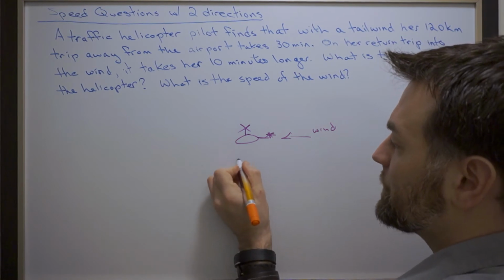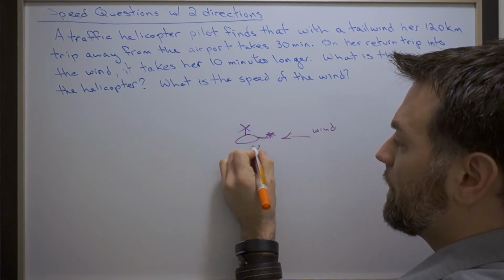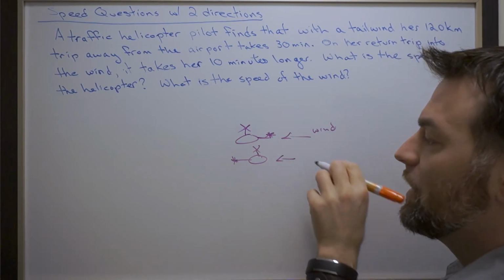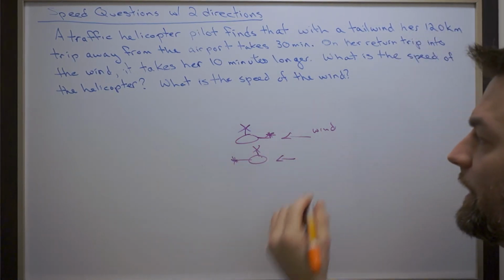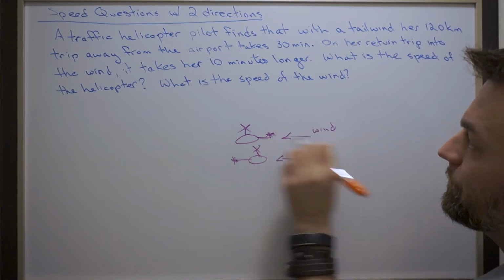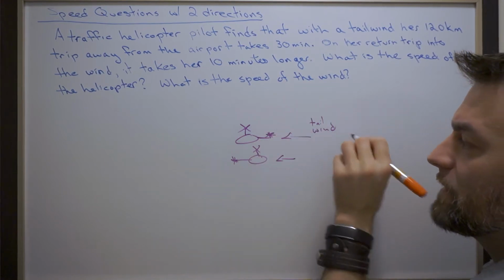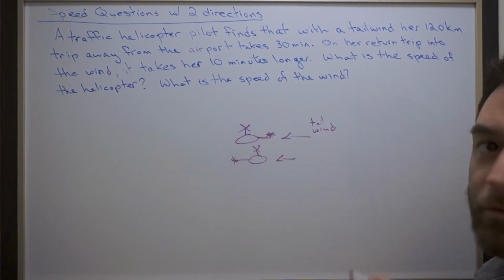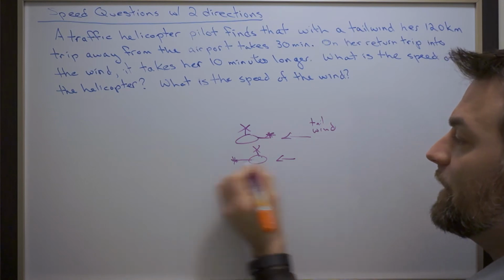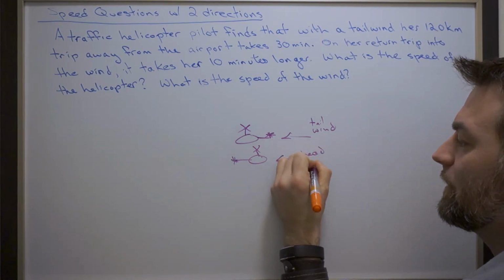But when the helicopter turns around, the wind is going to be pushing into it, and it's going to slow it down. So this here is a tailwind because it's pushing towards the tail, and then this one is heading into the wind, so it's called a headwind.